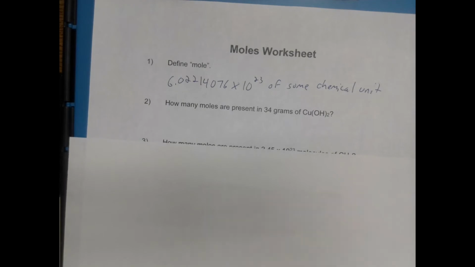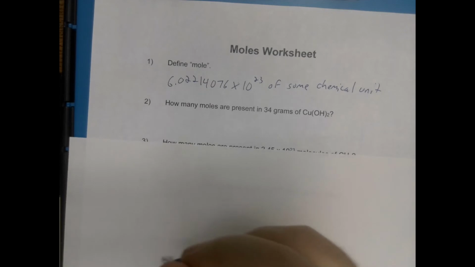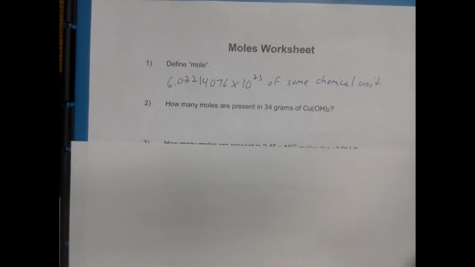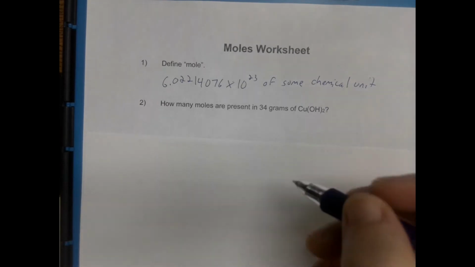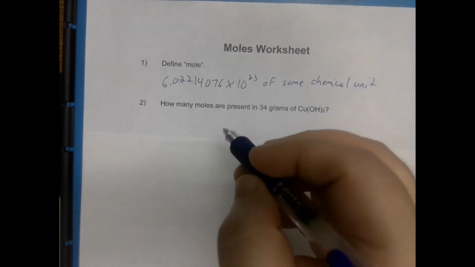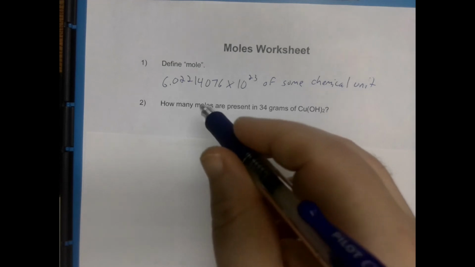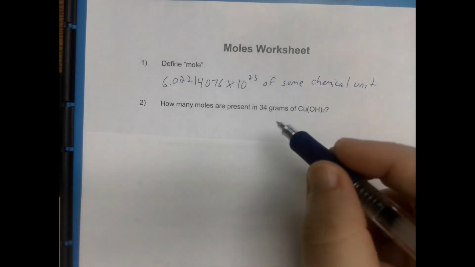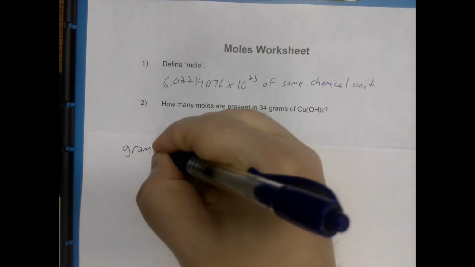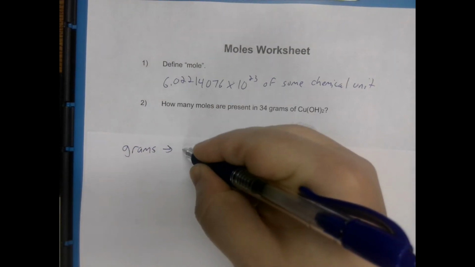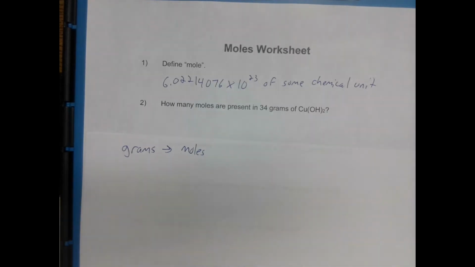So, we've been doing dimensional analysis and the conversion factors. We're going to be using that throughout the entire year. So here we're asking how many moles are in 34 grams. So we're trying to convert grams into moles. We're going to have two main conversion factors.